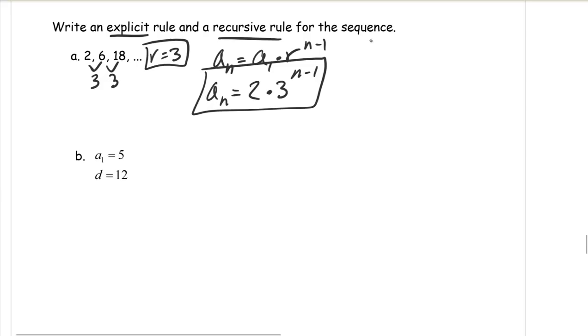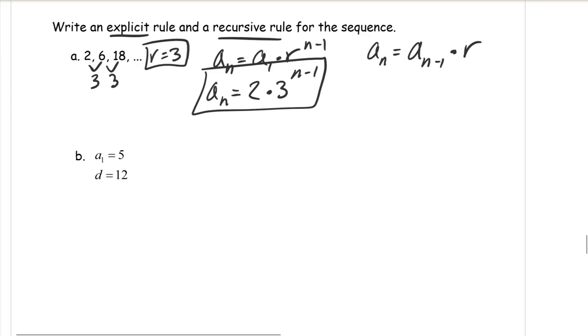Our recursive rule, general form, is a sub n equals our previous term, a sub n minus 1 times r.